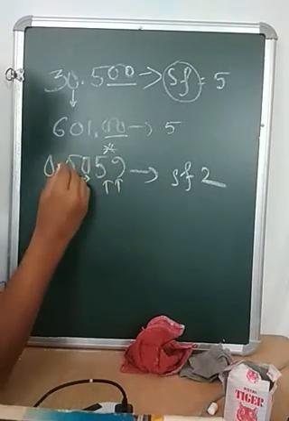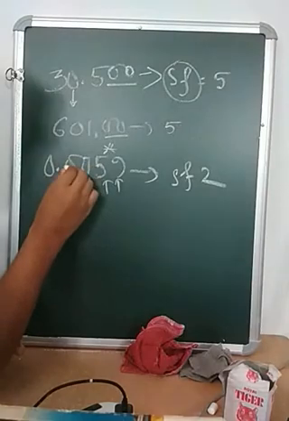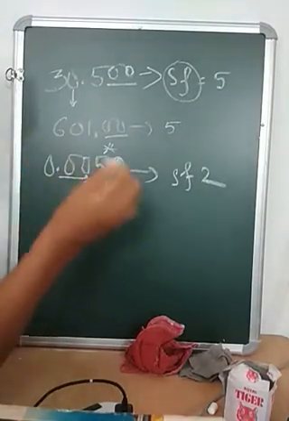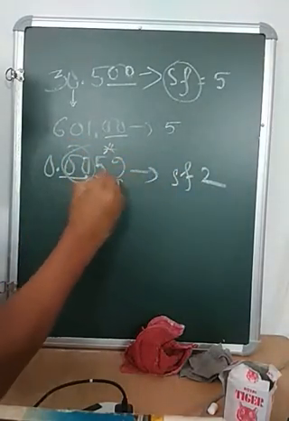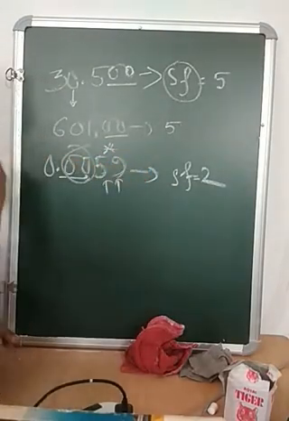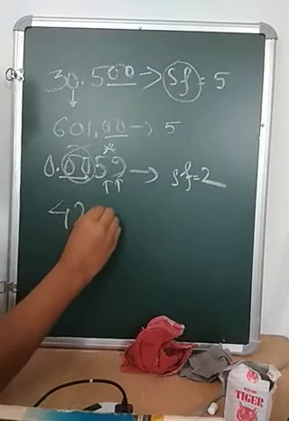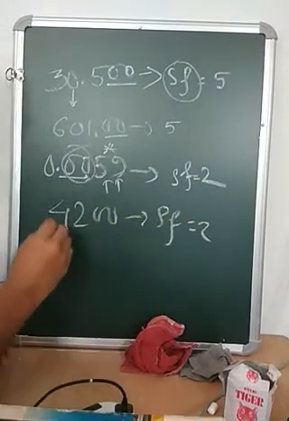So these 2 zeros will not be significant in this number, and the significant figures will be 2. Only these 2 are significant. The last term was 4200. Here the significant figures should be 2.